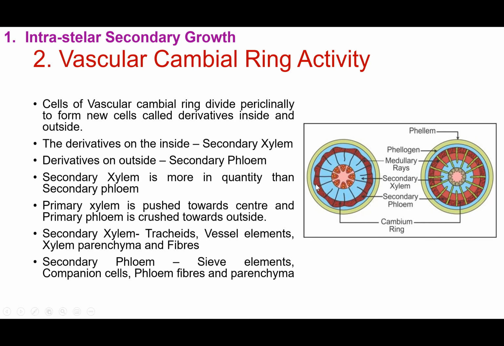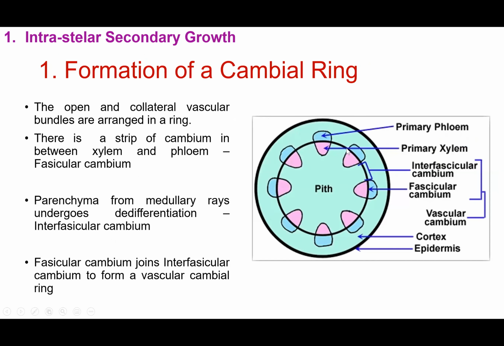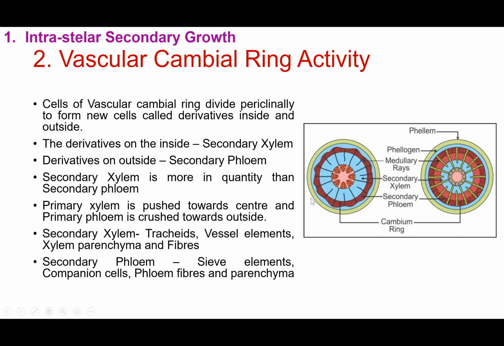So if we have this ring, towards the inside it forms secondary xylem. You already have your primary xylem, so this primary xylem is pushed towards inside, and in that place you have your secondary xylem. Towards outside it gives rise to secondary phloem. So this primary phloem is pushed towards outside, and in its place you get secondary phloem.